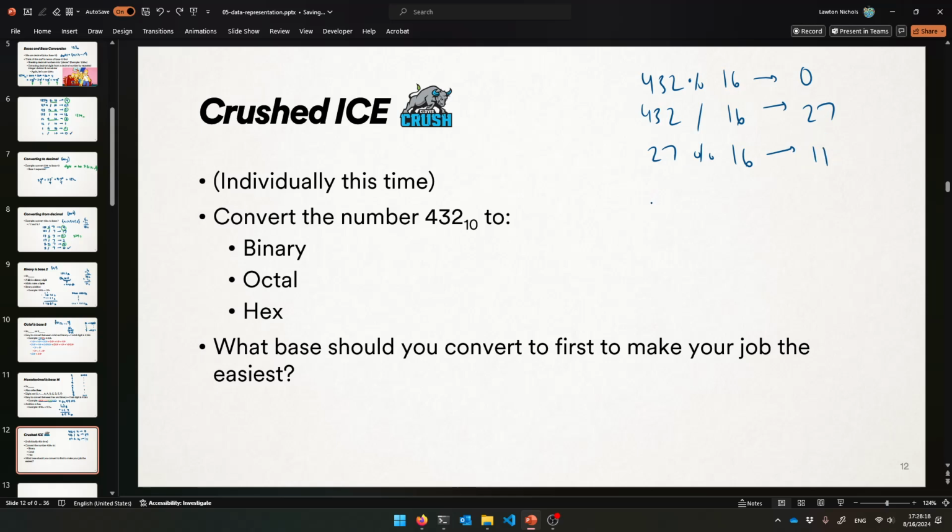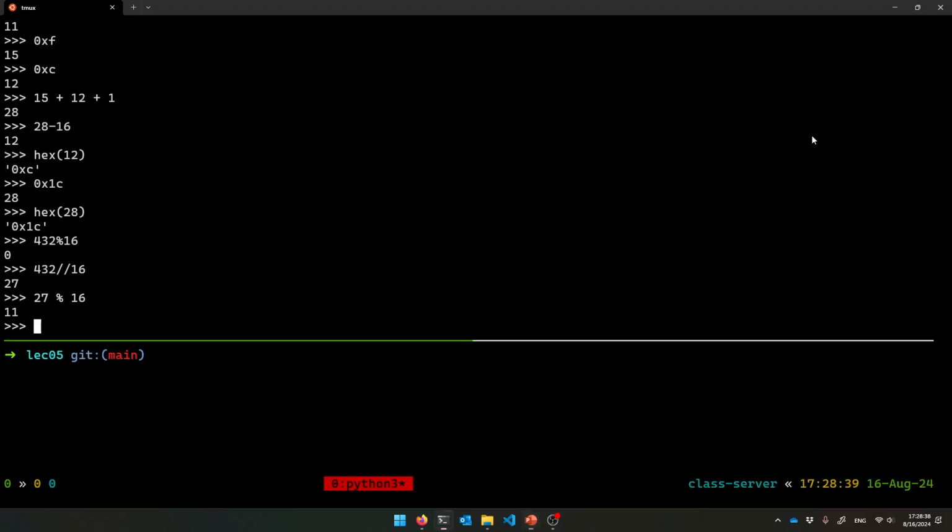But all right, 11, let's chop off the 11 out of 27. All right, let's do it now, right? So 11, what is that? If A is 10, that means B. This is really the digit B in hexadecimal. And then let's chop off the B in 27. All right, so 27 integer divided by 16. I think it only goes in once, right? 20, because it's not 32.